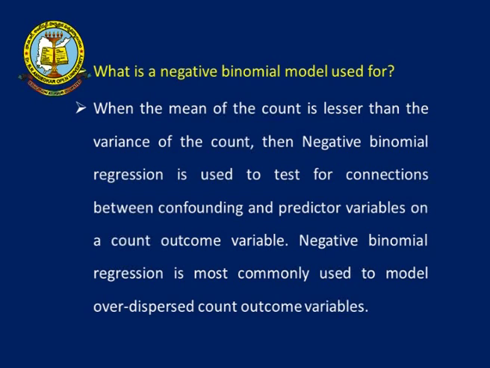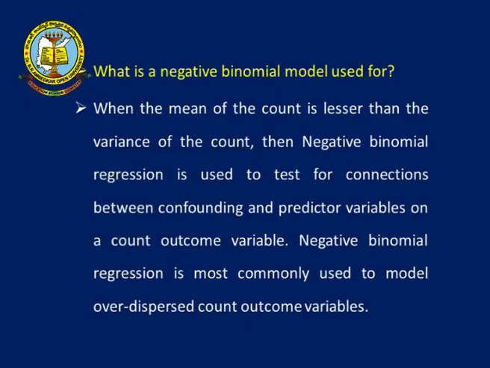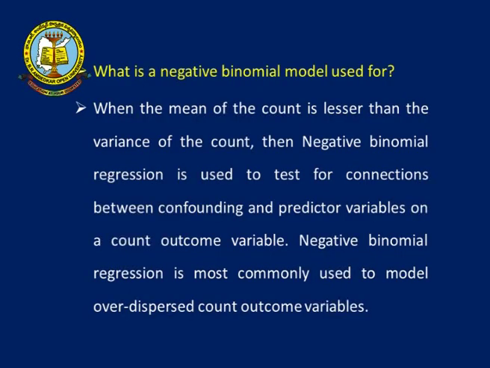What is a negative binomial model used for? Why use the negative binomial? Because the mean of the count is lesser than the variance of the count. The negative binomial regression is used to test the connection between confounding and predictor variables on an outcome variable.